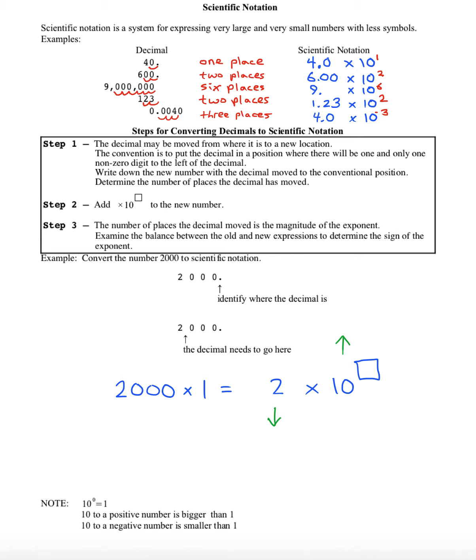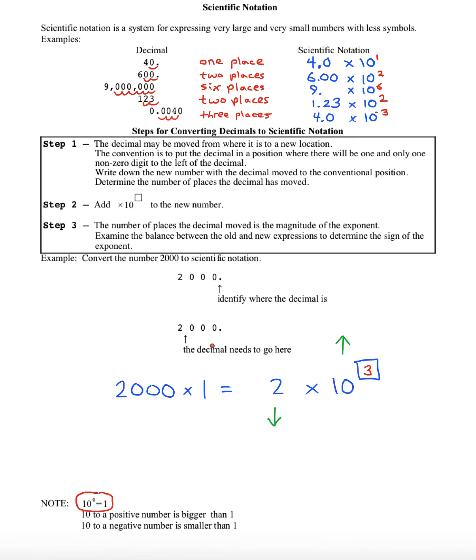So that tells us that our exponent needs to be positive. Why? Because 10 to the 0 is 1, and we need a number that's bigger than 1 in that place. So we're going to put a positive 3 there for the exponent.